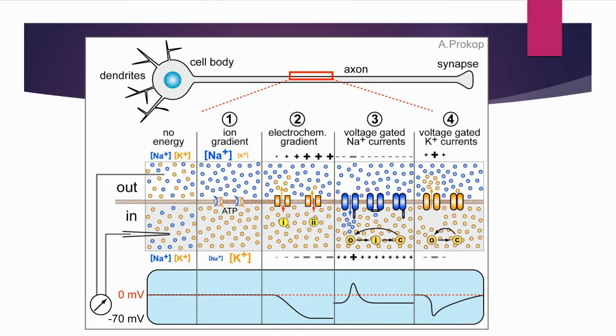Remember, saltatory conduction is when the nerve impulse jumps over the different Schwann cells because it is myelinated. So the nodes of Ranvier is where the nerve impulse travels, jumping from node to node. The speed of this impulse is based on the diameter of the axon. The greater the diameter, the faster.